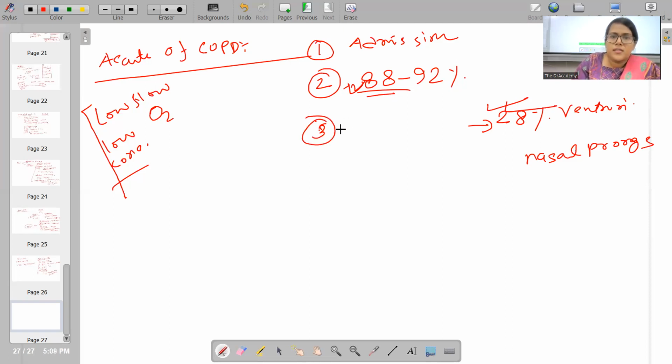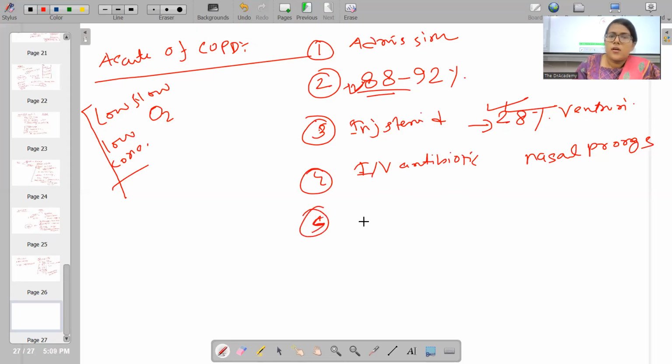Number 3 is give the patient injectable steroid, prophylactic IV antibiotic, broad spectrum IV antibiotic, and bronchodilators. Bronchodilators in the form of nebulization with salbutamol and ipratropium bromide, and maybe even LAMA as well.